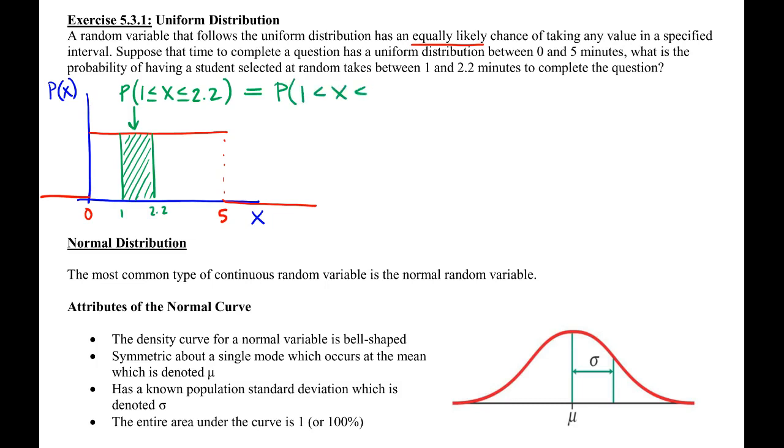This is the exact same thing because the area of the line itself is 0. So whether you include or don't include doesn't make a difference when we're talking about continuous variables, though it does make a difference when we talk about discrete, because including 2 is different than not including 2. We have another probability to add in. So it doesn't matter here. We can use whichever one we want.